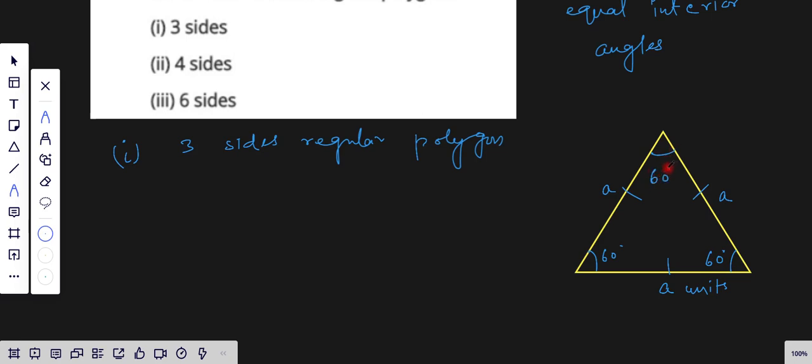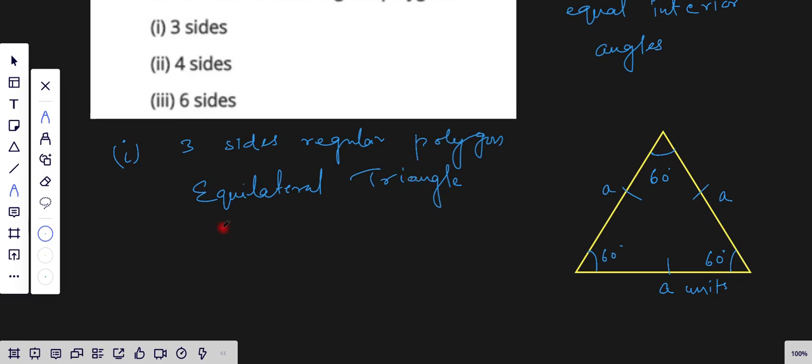So the example is the equilateral triangle.